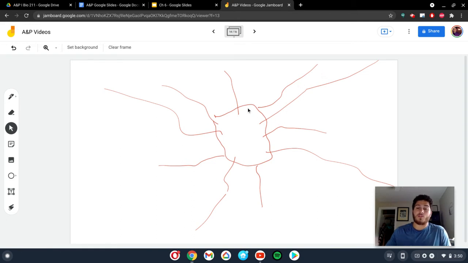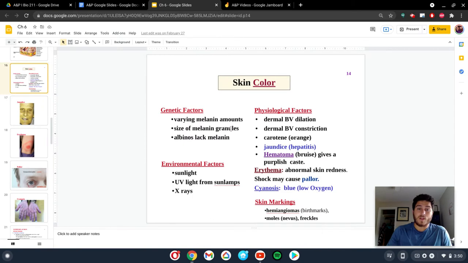These branches are going to intertwine with different cells and be able to release melanin, the pigment melanin, into those skin cells. So the longer the branches, the more cells they can interact with and therefore provide melanin to, so they can become darker. So the genetic factor is how much melanin you have and how long or how large those granules, those cells, can be.